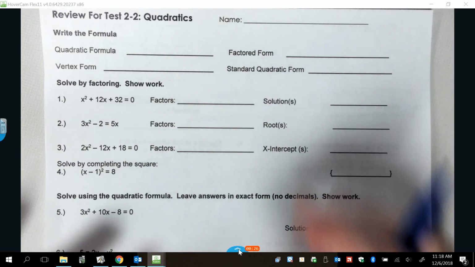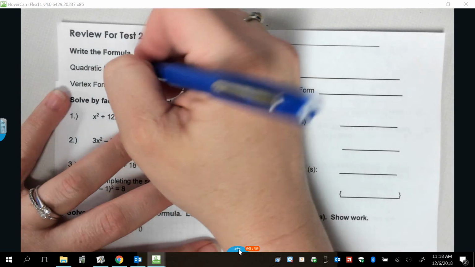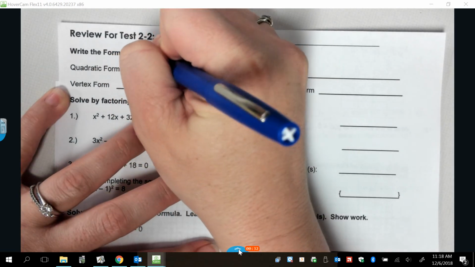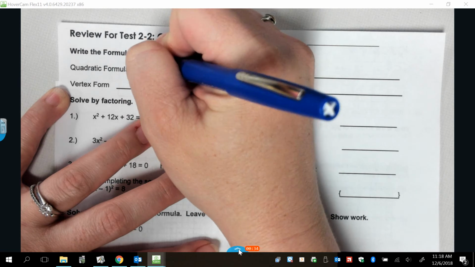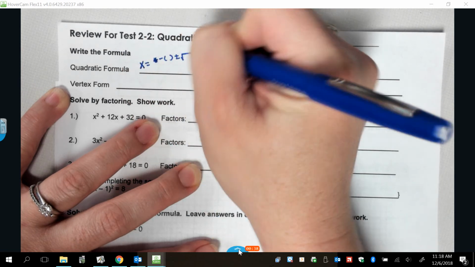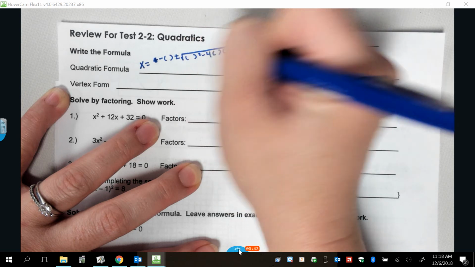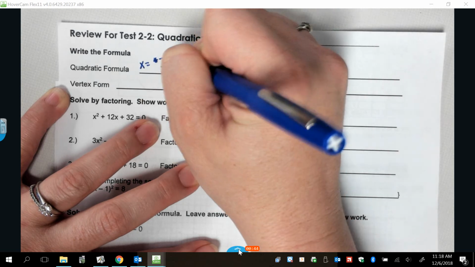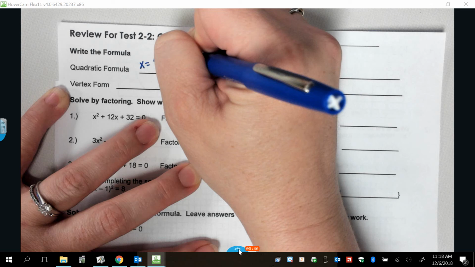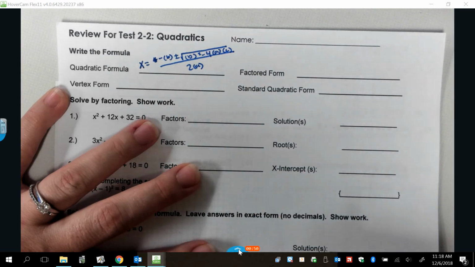Okay, so quadratic formula is x equals negative b plus or minus square root of b squared minus 4 times a times c all over 2a. Okay.